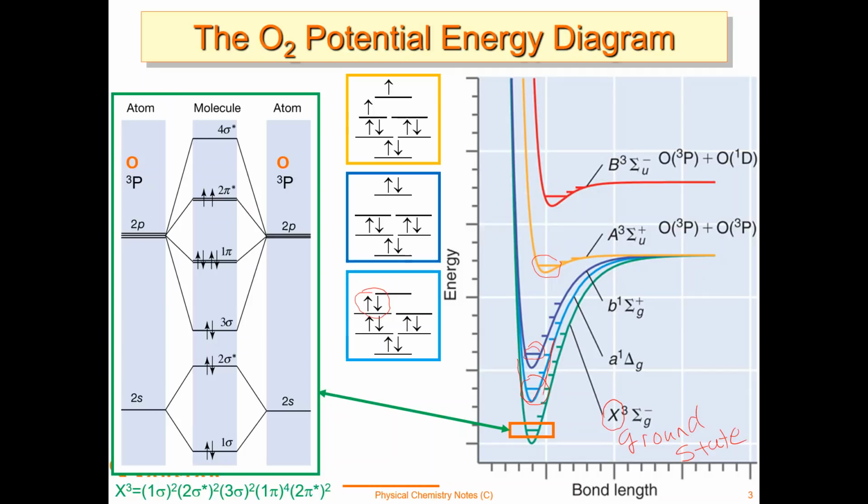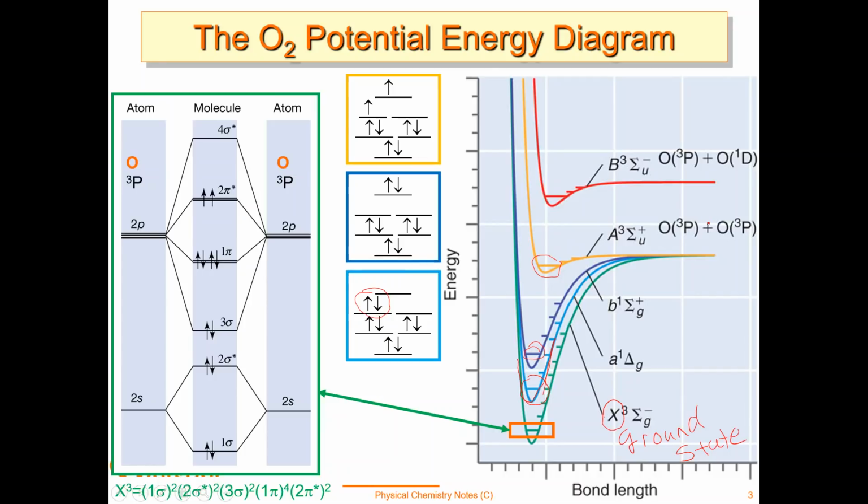And then they're labeled A, B, C, D, E, F, G, all the way up for the excited states. Now it seems like they've used lowercase letters in this particular book to indicate the ones that dissociate to ground state oxygen. So they have little a and little b, and then they have big A and big B, or capital A and capital B for the triplet versions of those energy states.